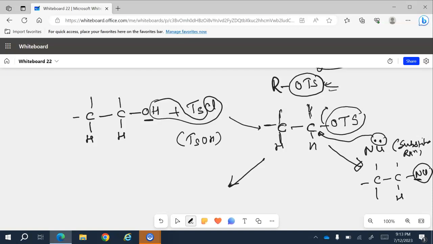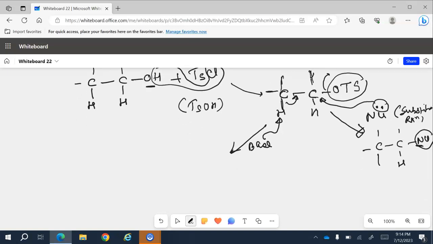Or you can use some type of base to do the elimination reaction. The base will grab the hydrogen, will give you the double bond, and the leaving group will leave, and the result here is you have a carbon-carbon double bond. That is when you will have the alkene as the product by the elimination reaction.